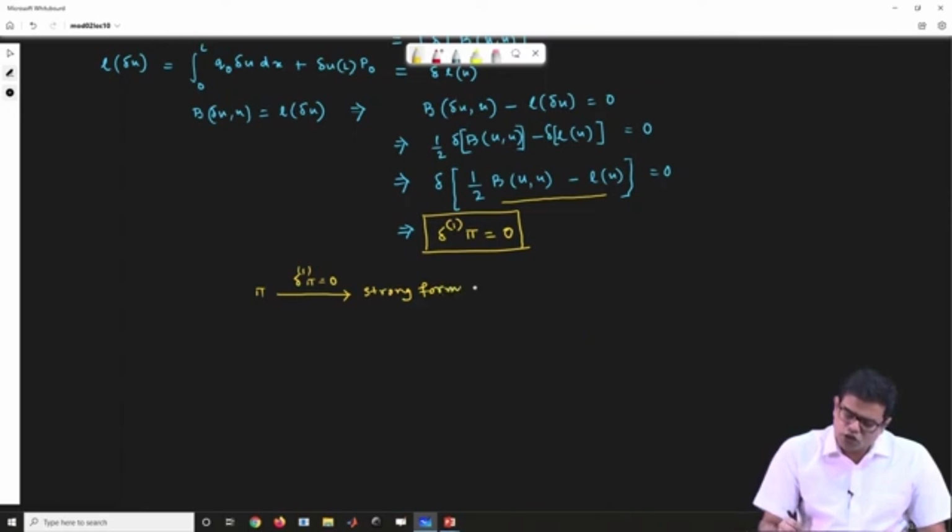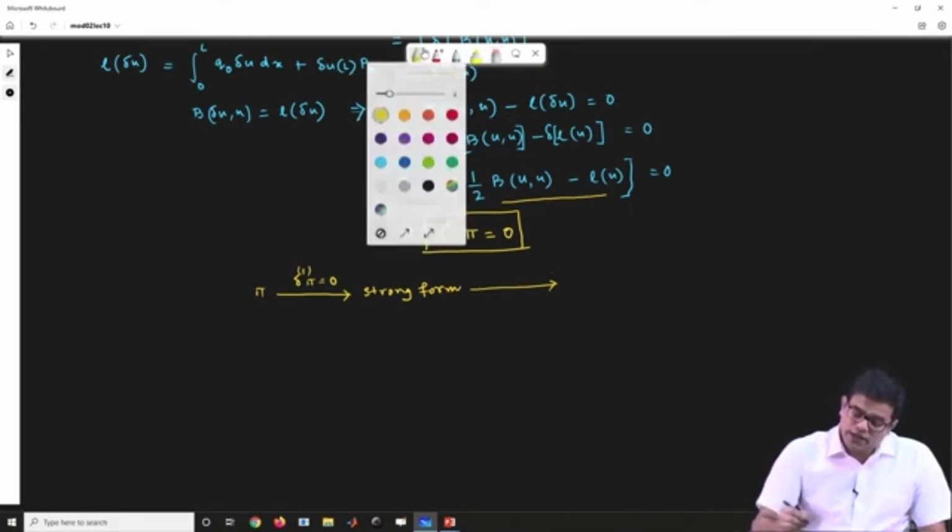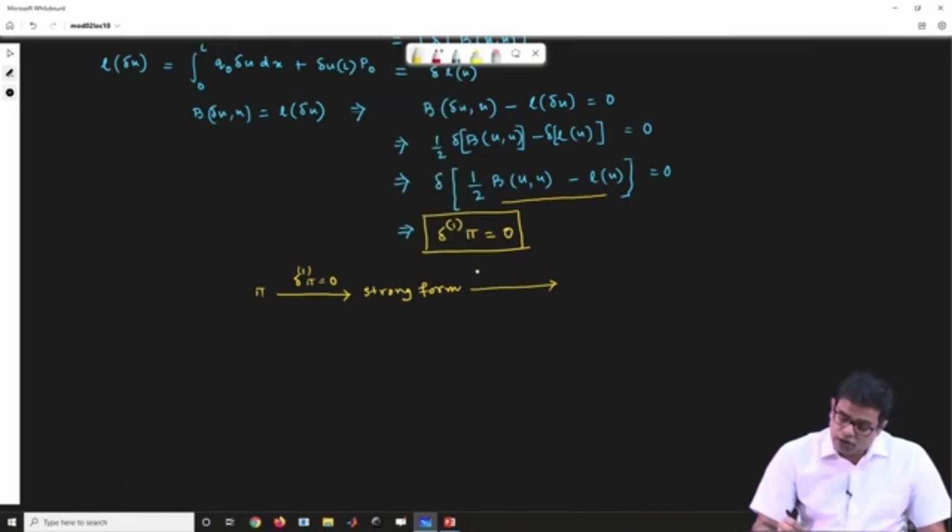Now when we take the strong form and take the integral statement, or weighted integral statement, then we get the weak form.